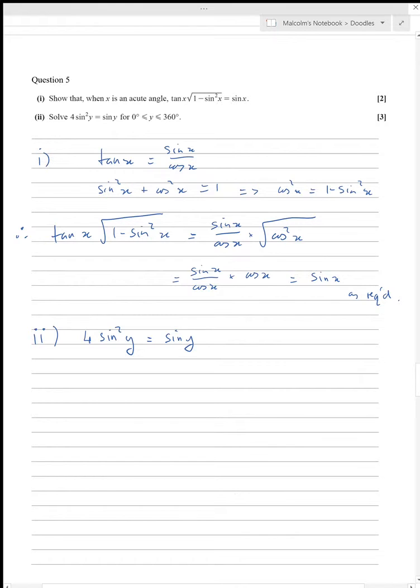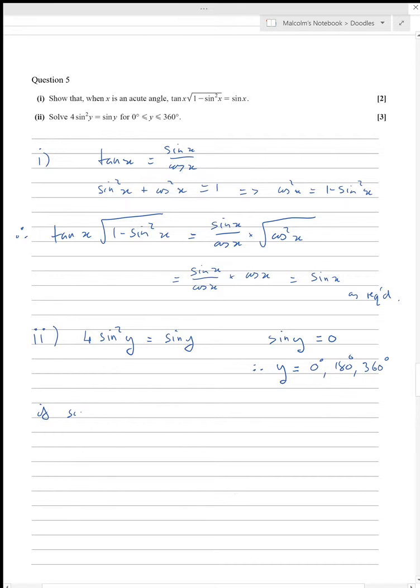Straight away a solution to that is that sine y is equal to 0. That is one possibility, and possibilities for y if sine y is equal to 0 are 0 degrees, 180 degrees, and 360 degrees. All of those will give me sine y equals 0.